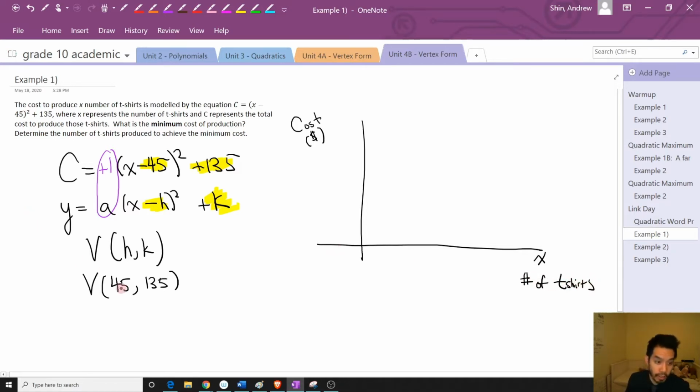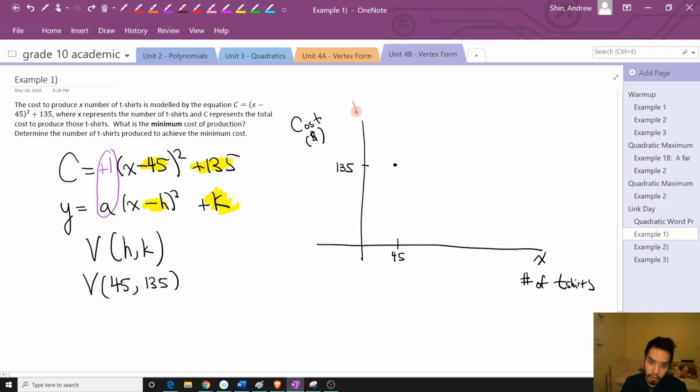And what we know is that the vertex is at (45, 135). So I'm going to write this somewhere here: 45, and this will be 135. And there's the vertex. And I know the a value is positive, which means this parabola opens up.